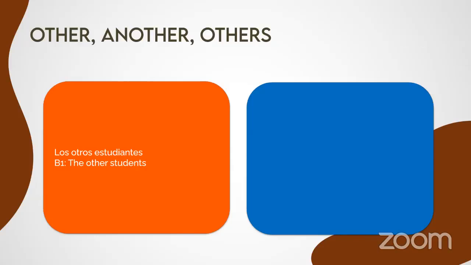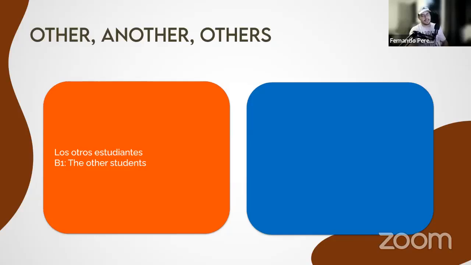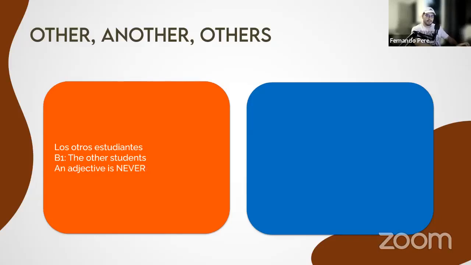I understand. That's okay. Let's give an analysis. There is a rule in English, guys, that says an adjective is never plural. An adjective is never plural. We have seen this, and that's the reason Karen mentioned the flowers.